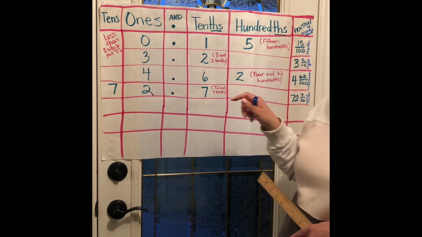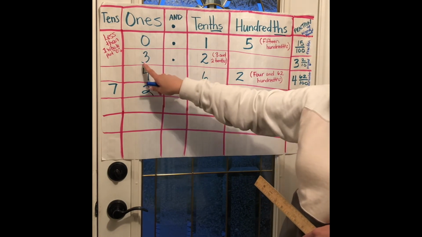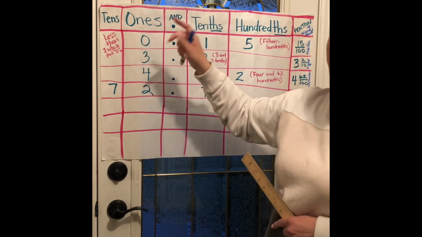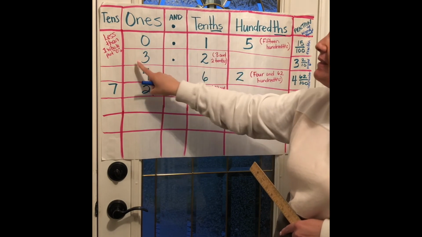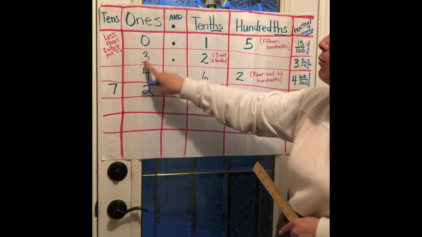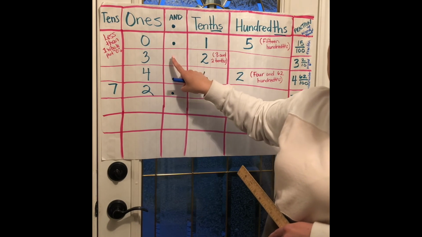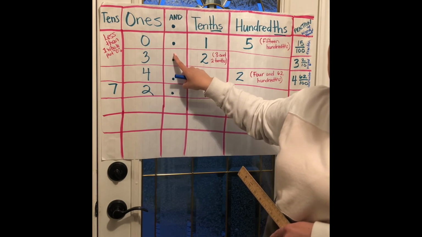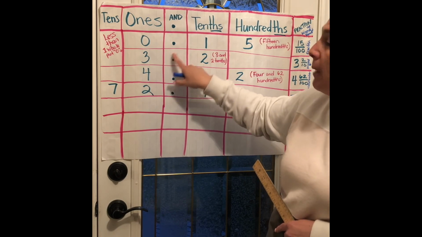If you wanted to write the number 3.2, that means that you have 3 wholes and 2 tenths. We say this number 3 and 2 tenths. When you say the decimal, you say the word and in place of the decimal.